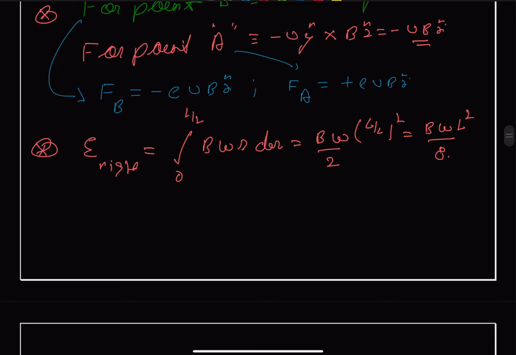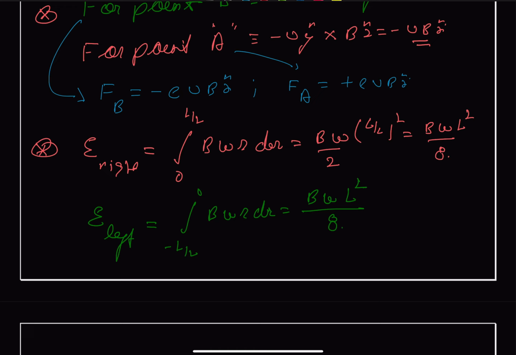Similarly, we can find it for the left side also, from minus L by 2 to 0, which is omega R times dr, and that will also be equal to B omega L square upon 8.